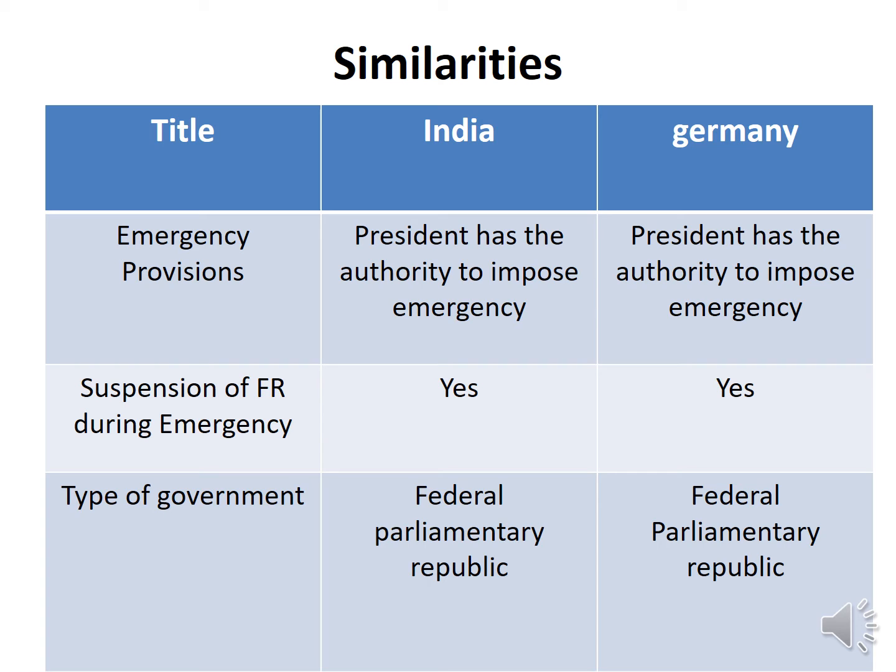Parliamentary means parliament in both countries, where the legislators, the elected members of parliament, make the law. In a parliamentary republic, the head of state is elected, that is the republic. So both countries are federal democratic republics.